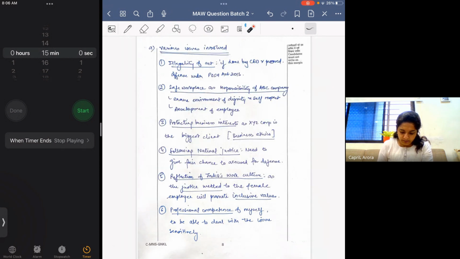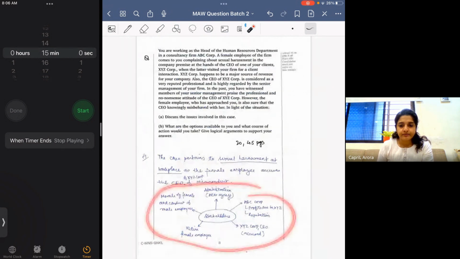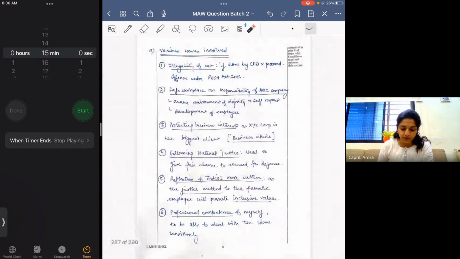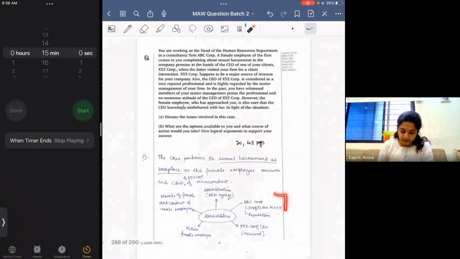Now, what has been the benefit of writing these stakeholders? I could take each and every one of them and write one point. This is not just to fill in pages, or to put something fancy in the answer.